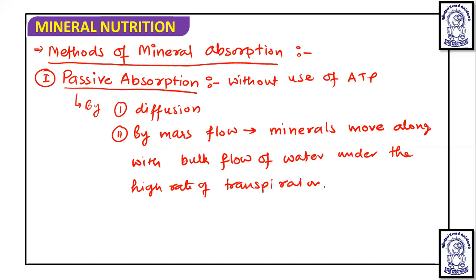When transpiration occurs, transpiration pull develops, as we discussed in the previous chapter. Along with the transpiration pull, the water moves upward and is absorbed passively, and along with this passive bulk flow, the minerals are absorbed in passive absorption.